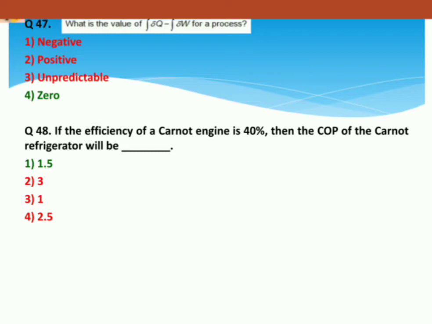If the efficiency of a Carnot cycle is 40%, then the COP of that Carnot refrigerator is.